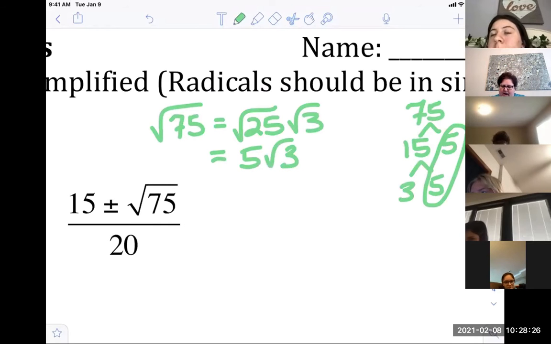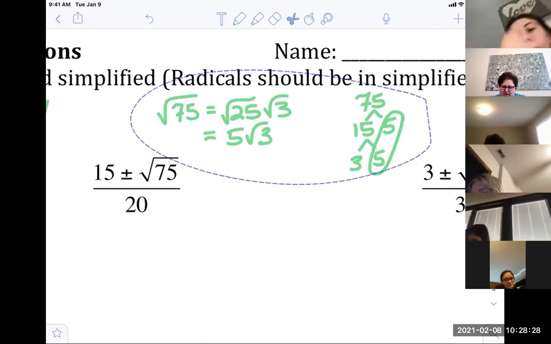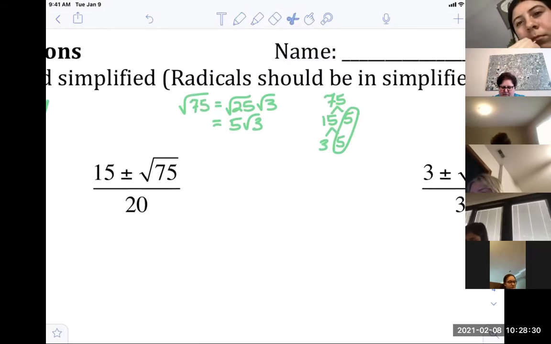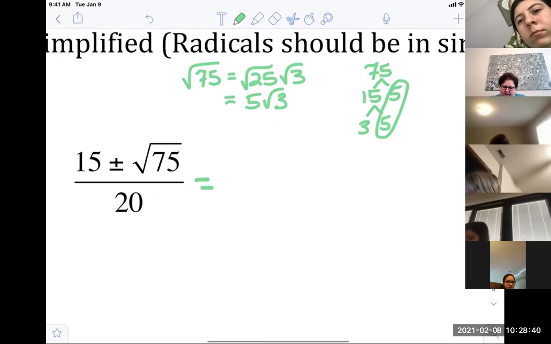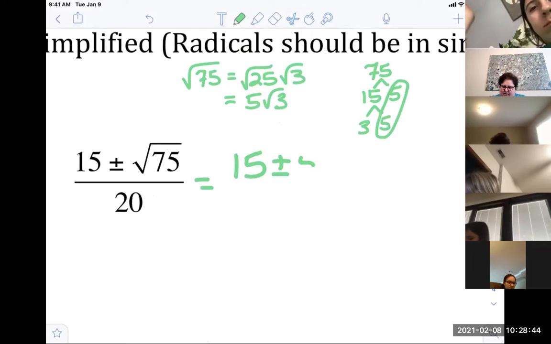So whichever way you prefer, either of those is fine, but just make sure you remember how to break down those radicals. Now, again, we have to do that first because there's no number outside of the radical 75 that we can divide out with the 20 and the 15. All right, so that's going to give us 15 plus or minus 5 root 3, all divided by 20.